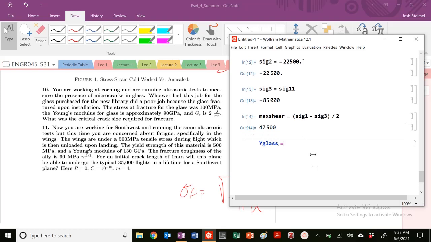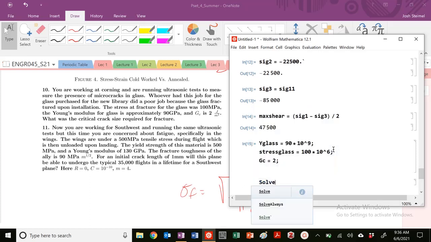So Y glass is equal to 90 times 10 to the 9. My stress F glass is equal to 100 times 10 to the 6, and my G sub C is equal to 2. So I can go ahead and solve.